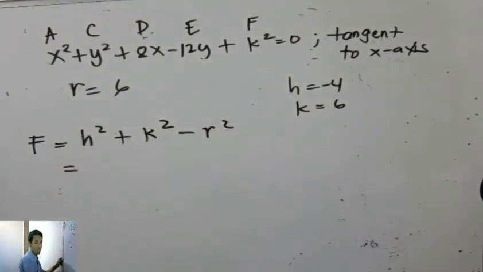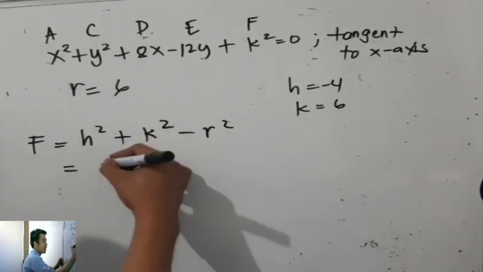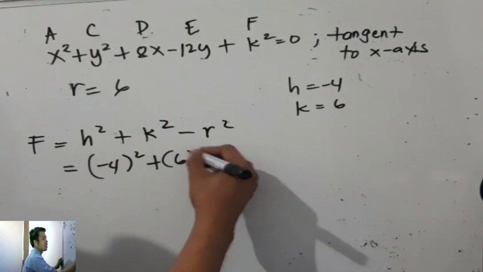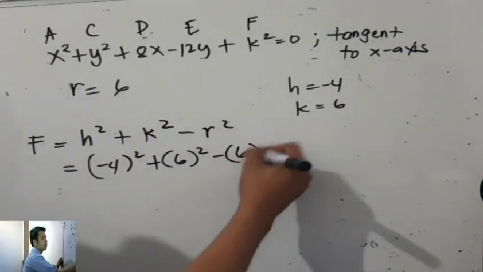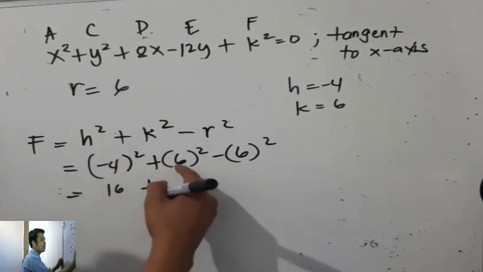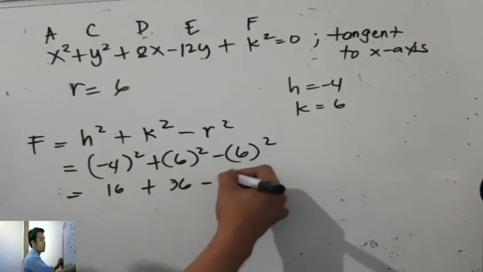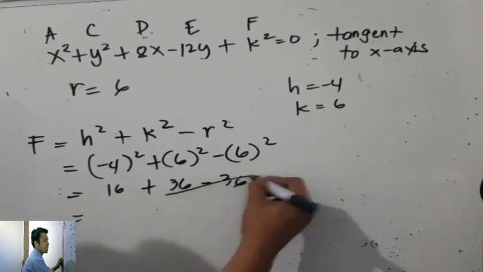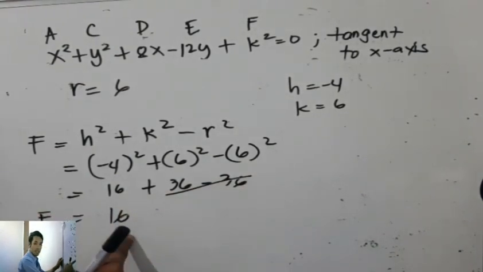Then substitute: h is negative 4, squared, plus k is 6, squared, minus r is 6, squared. Negative 4 squared is 16, plus 6 squared is 36, minus 6 squared is 36. Then simplify, we can cancel these. Then we have f now is 16.